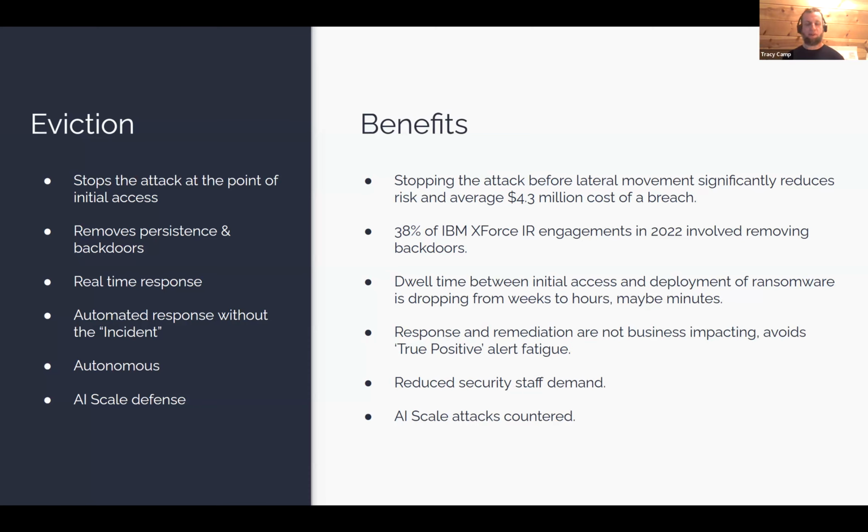You can find things, but I happen to use IBM ones because they are pretty consistent. They were estimating an average cost of a breach at about $4.3 million. So that's a pretty big business impact to anybody. And if you can stop the attack before it has moved laterally, that's a significant savings right there. So being able to do that, that is the goal.